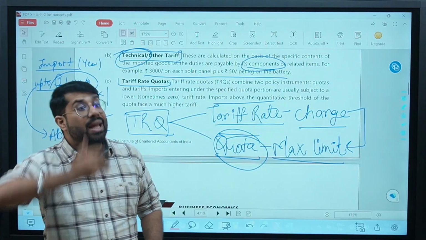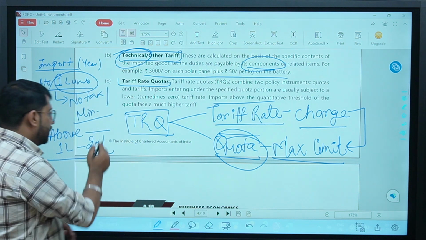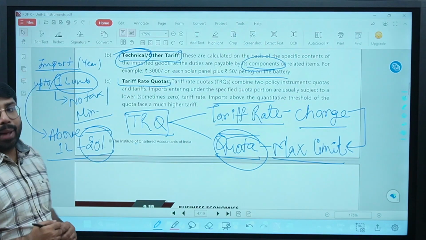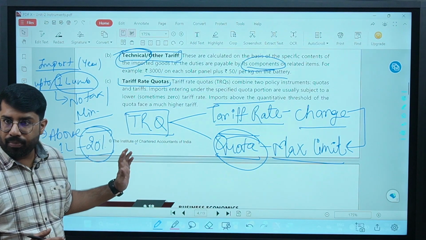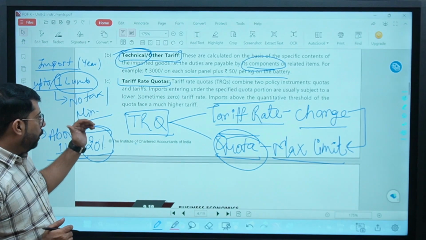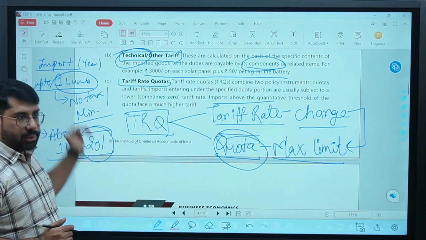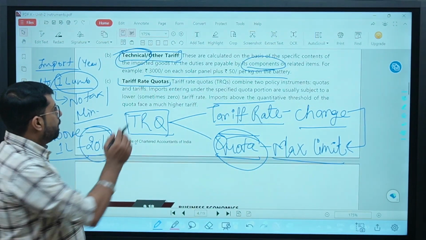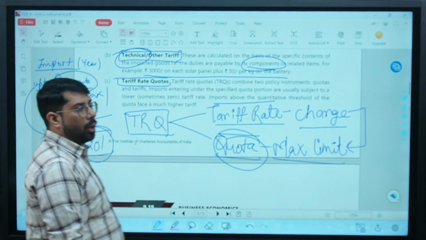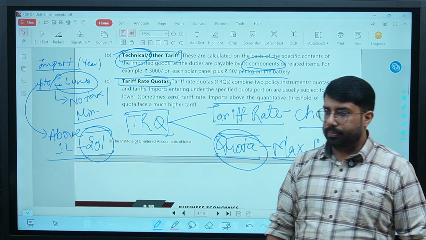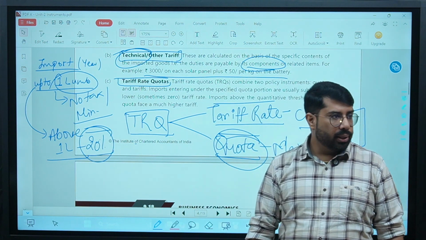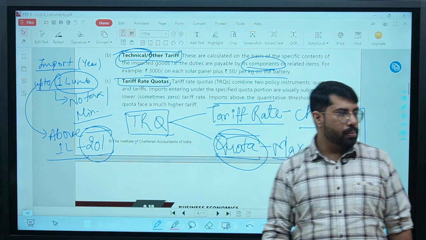You have to pay a very high tax, for example, 20% of the value. Ad valorem tax I am taking. Do we understand this thing? So when taxes are imposed on the basis of these limits, they are known as TRQ, that is tariff rate quotas. Are you clear? Sure?